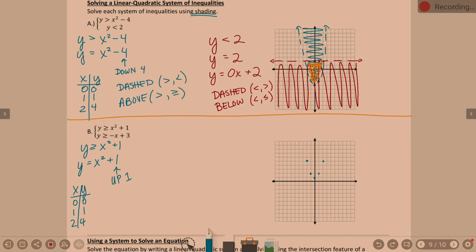How should I connect these dots? Okay, this time it is greater than or equal to, so traditional solid line. Any type of equal to's, so whether less than or equal to or greater than or equal to, is going to be solid, so regular everyday parabola.